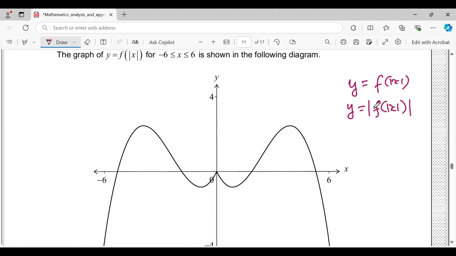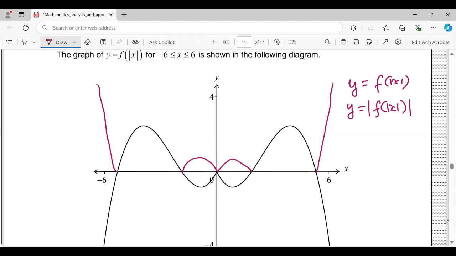If all y values are positive, it means this line will be moved to here as well. So it will be like this, and like this.